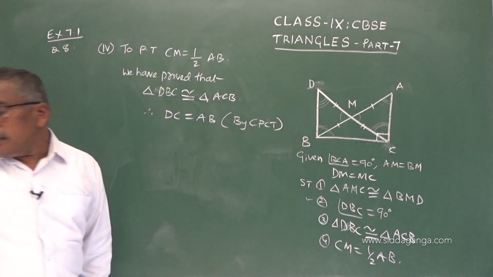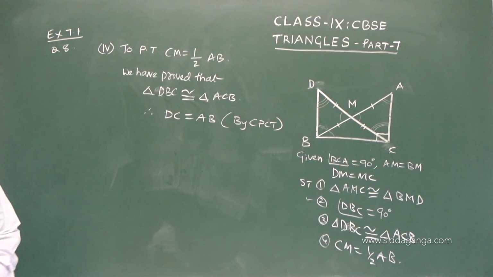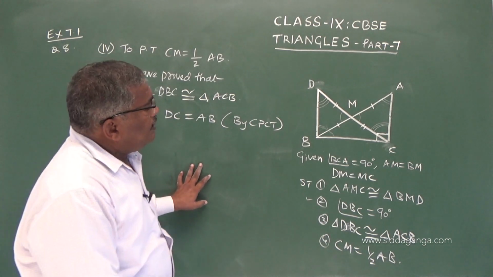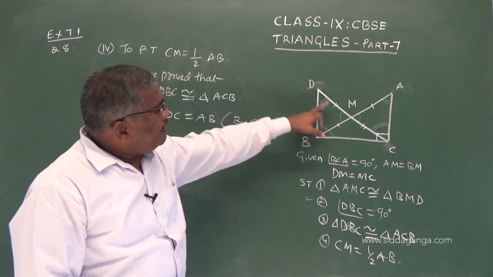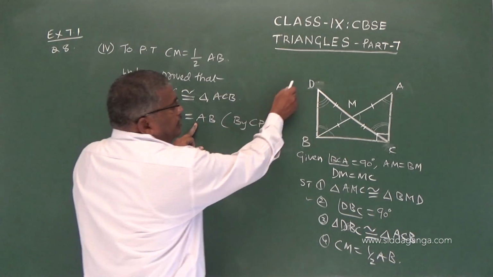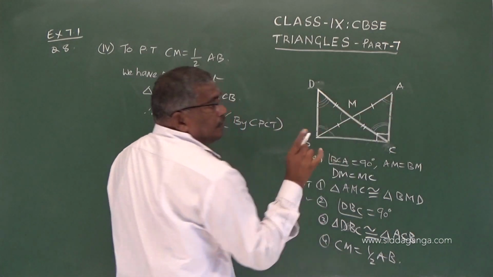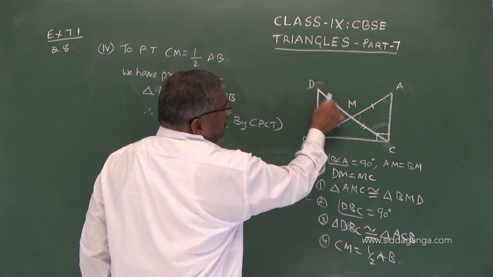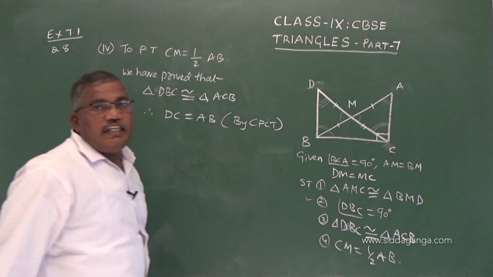We can say that. So now observe here, DC is equal to AB, I have written here. From the figure you observe, DC can be written as DM plus MC.